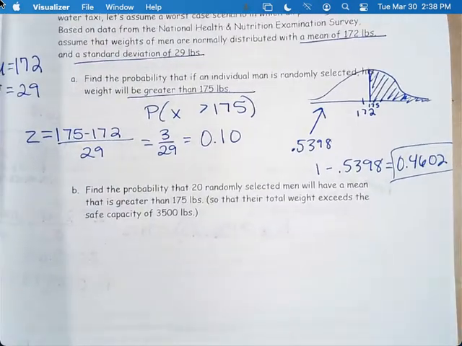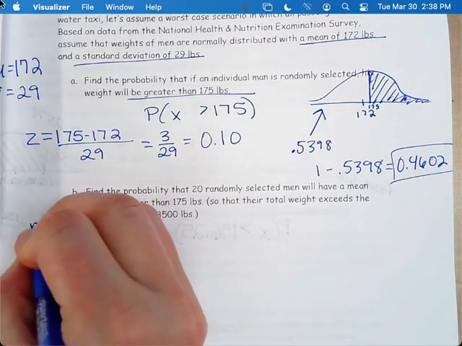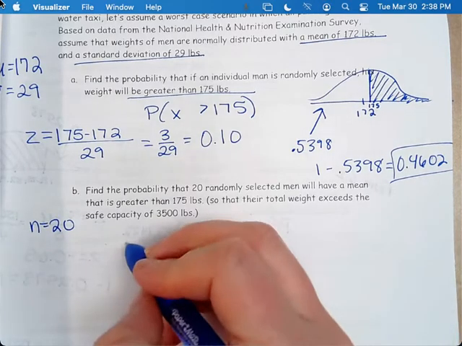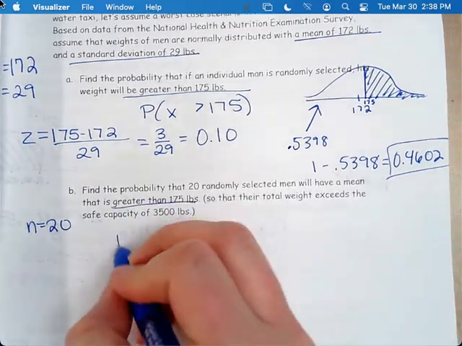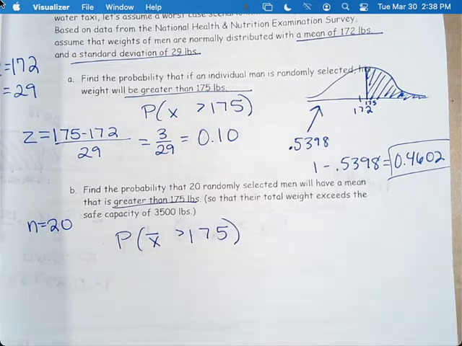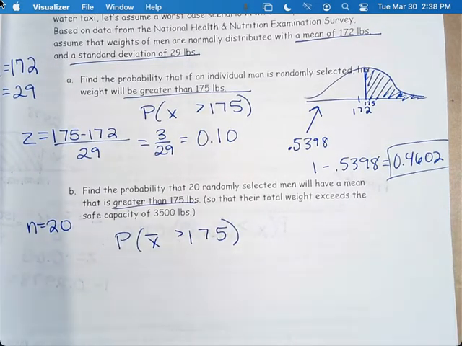Part B, find the probability that 20 randomly selected men, so our n equals 20, will have a mean that is greater than 175. So probability that x bar is greater than 175, so that their total weight exceeds the safe capacity of 3,500 pounds.